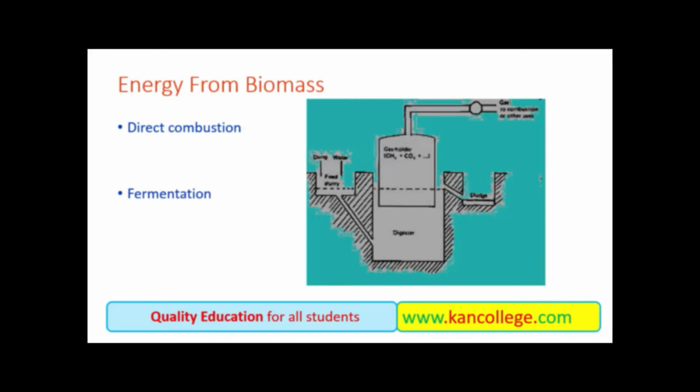The next form of renewable energy resource is energy from biomass. Energy from biomass can be obtained either by direct combustion of the biomass or by the fermentation process. In the fermentation process, this type of apparatus is used. It is a very simple apparatus. Actually, there are three wells, one bigger well.